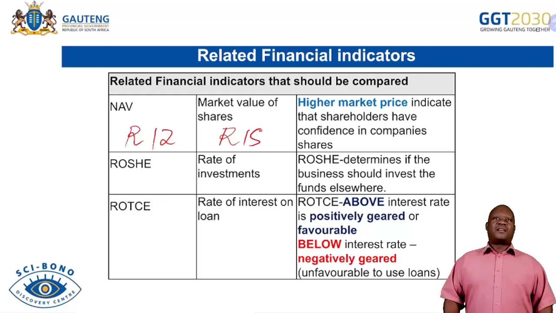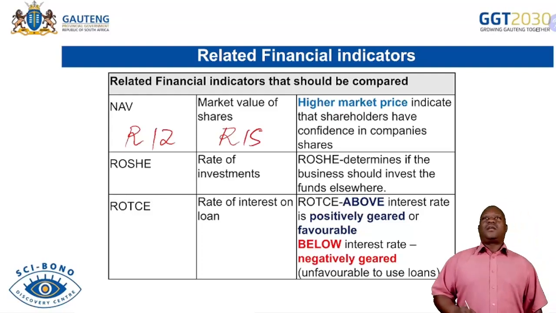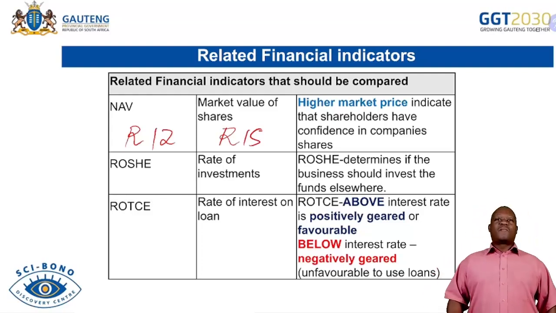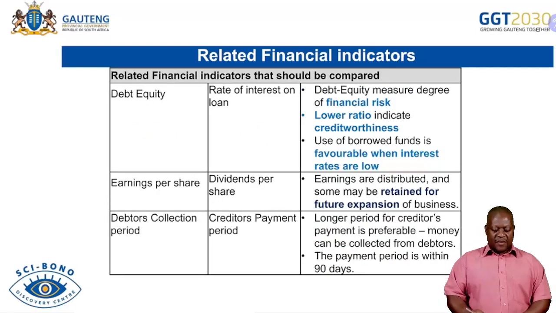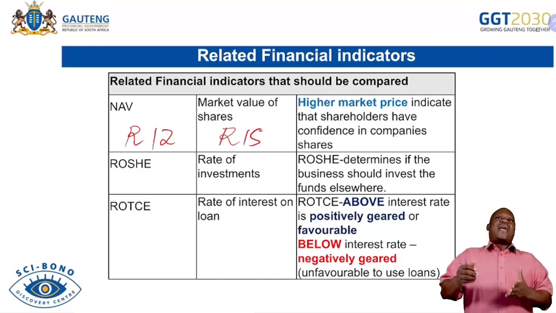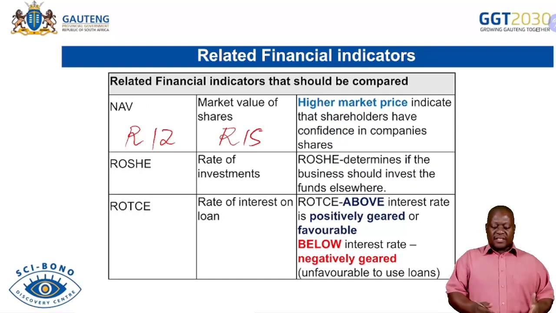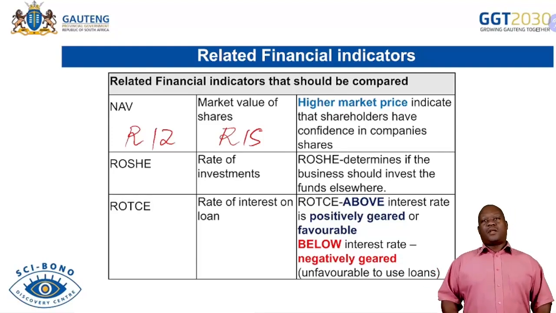What does that mean? It means shareholders have got confidence in the company's shares. Now when we swap the figures, and we have a situation in which our shareholders are not willing to pay as much as the net asset value, it means they have lost confidence in the company.